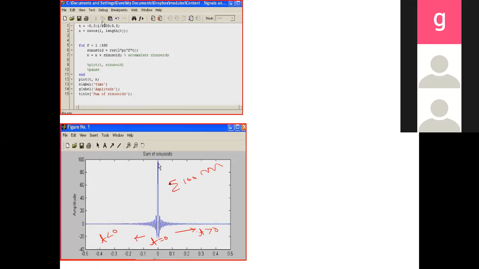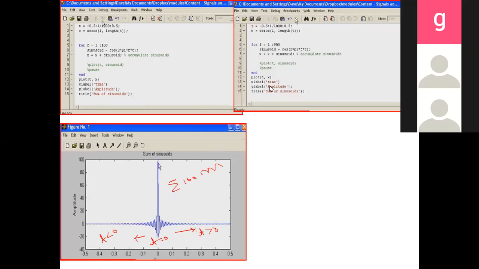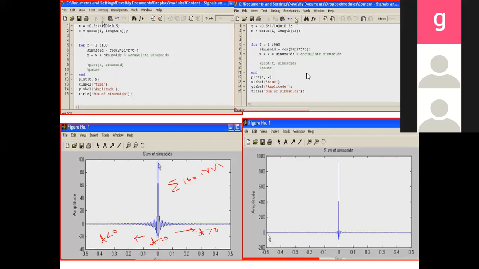Suppose I create 1000 sinusoids, what do I get? Let me create it by simply varying this f value to 1000. See here, I get a clear spike. This is the impulse function.